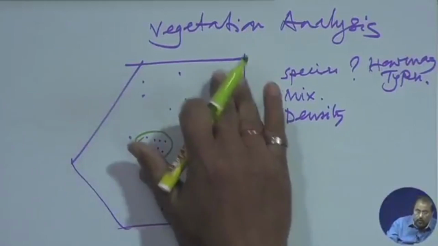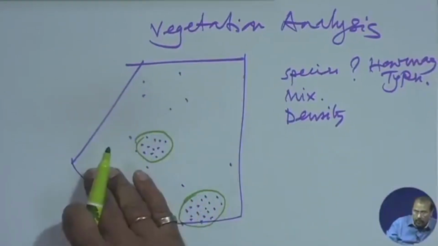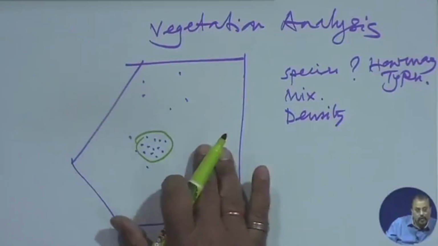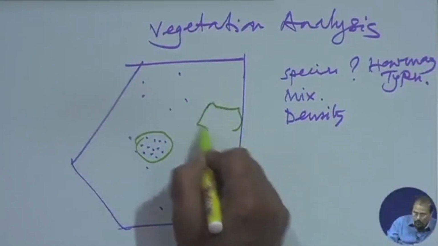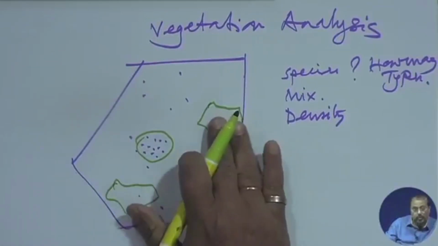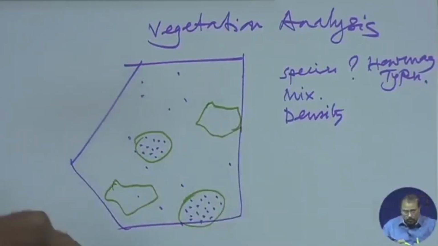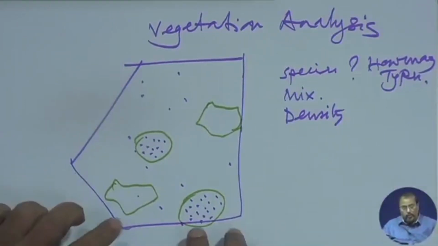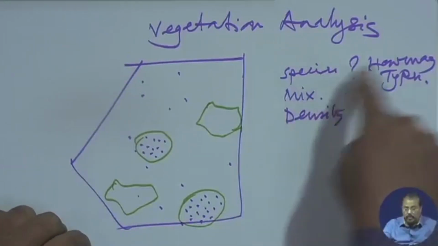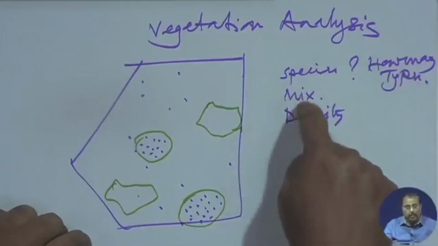Now you will check the soil quality of this area, and then find out whether they are also suitable for vegetation. If they are, try to find out, zone that out, and then you decide. In this, one more analysis that comes in when I am speaking about the soil: you are trying to find out the vegetative capacity in terms of the existing species, how many types of species, the mix, and the density.